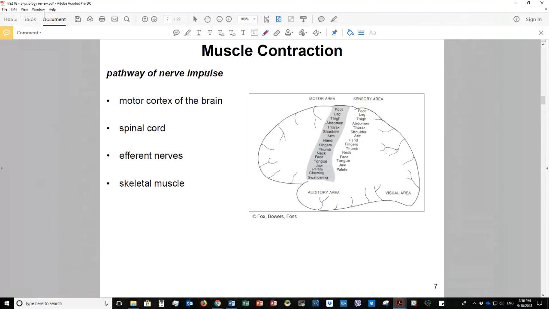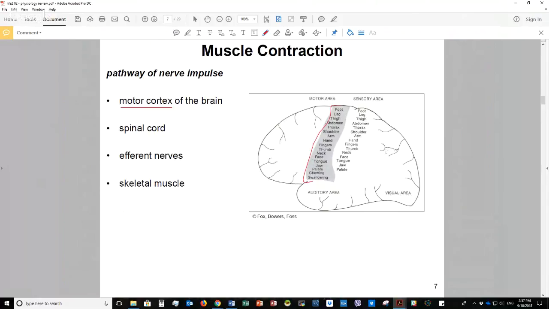All right. With muscle contraction, we've got areas of the brain, or the motor cortex, that are designed to control different parts of our body. And it's interesting and amazing, I think, that we were able to map these different areas from the cortex to our body.